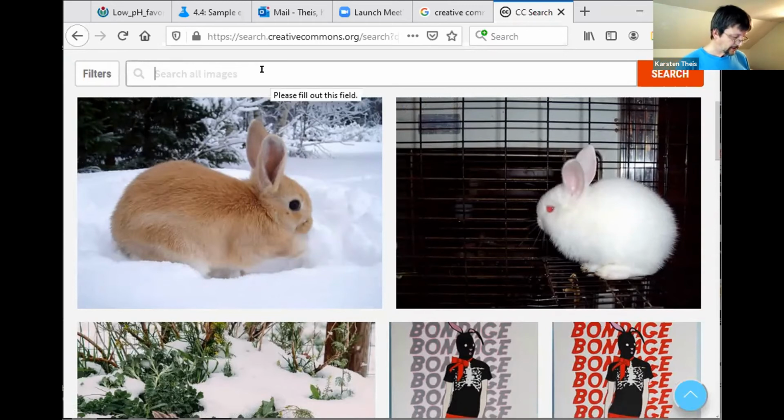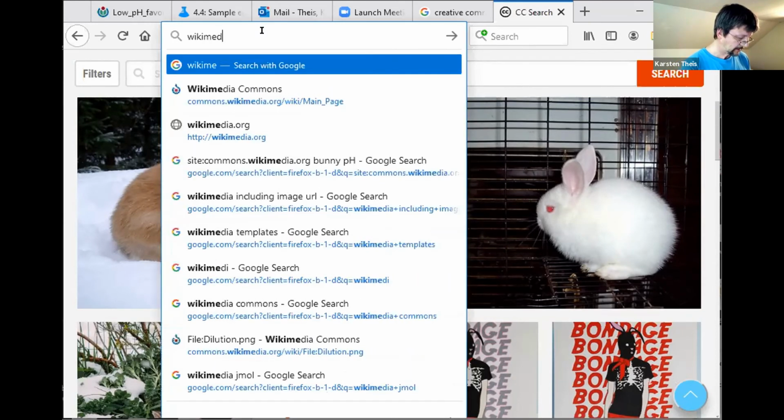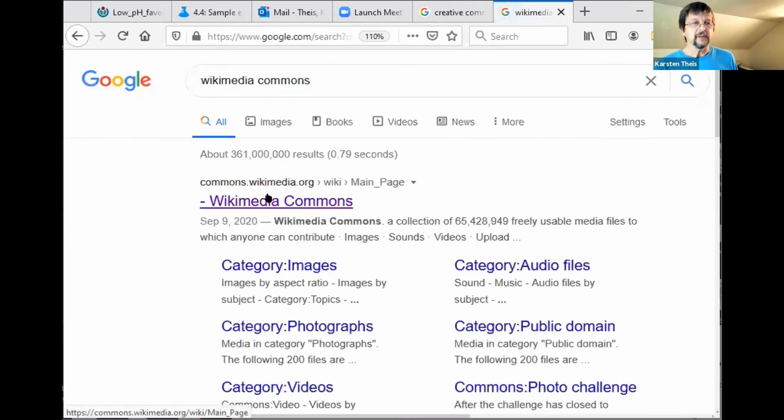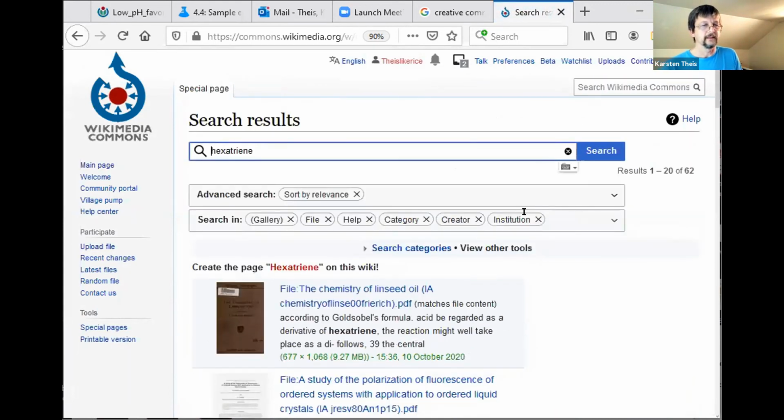And then for chemistry specifically, again, another one is to go to Wikimedia Commons. So often I find myself painstakingly drawing some molecule. And I guess Delmar gave me the prompt here to look for hexatriene. And I guess structure, I should say.